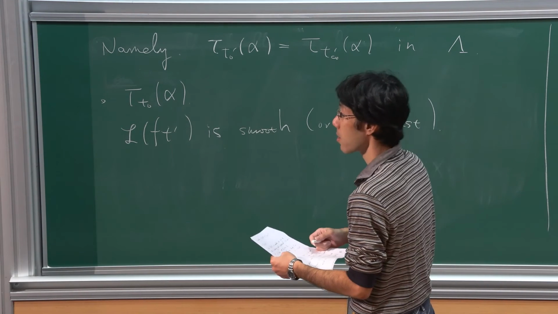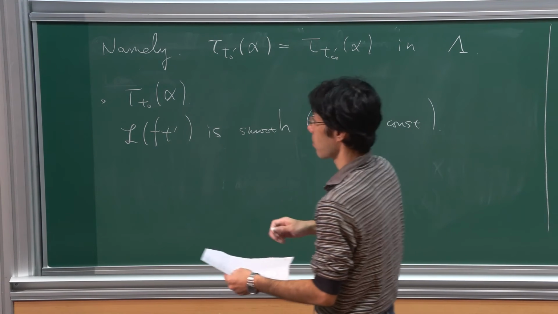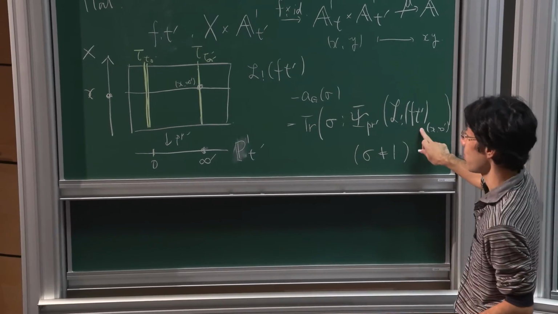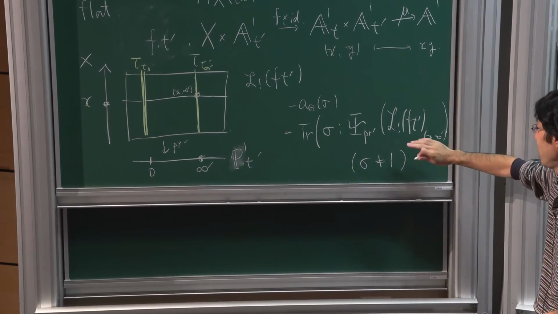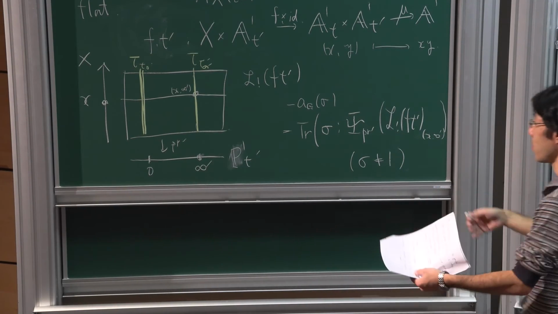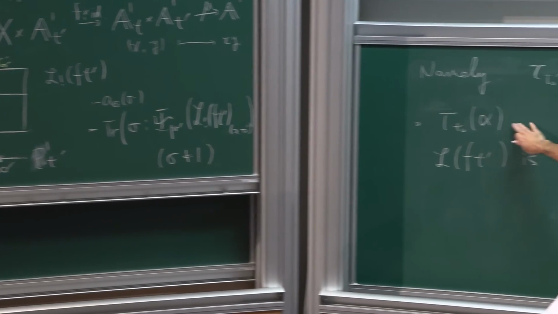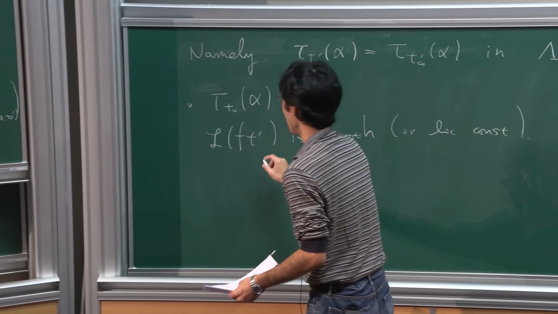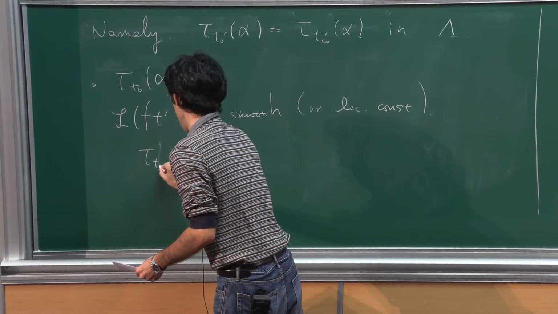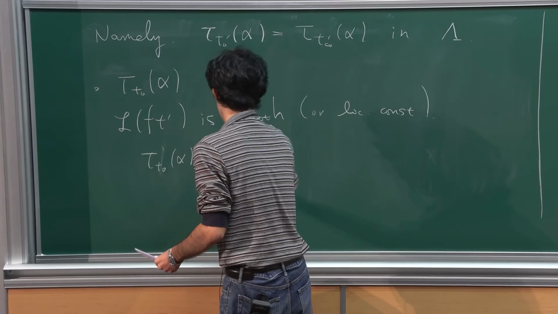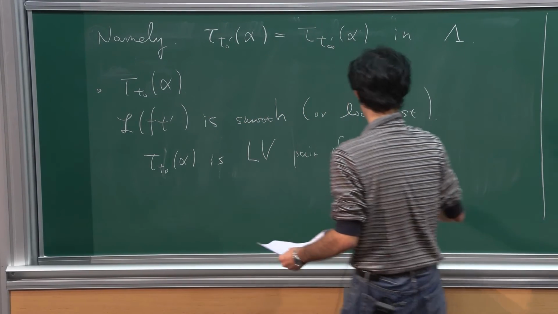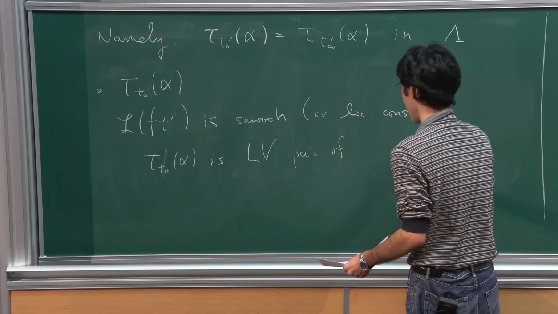So in this situation, if I restrict to 0 line, I plug in this T0 to T prime, and this is just a constant sheaf, right? So I take just a constant sheaf, and this guy would be just a left-hand variant. So tau T0 alpha is the left-hand variant appearing of this canonical.